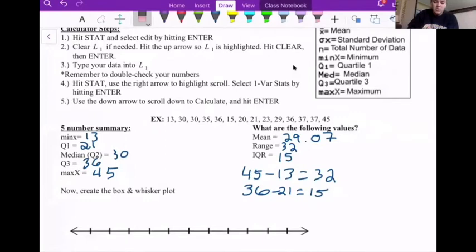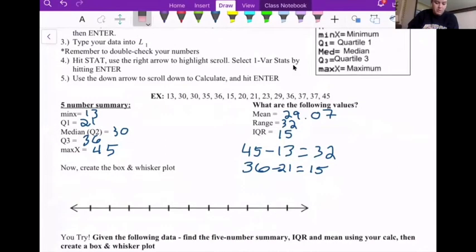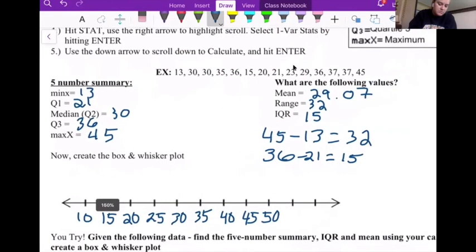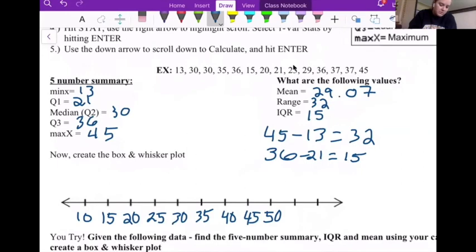Okay, so now for our number line, I'm going to start at 10 and then go up by 5. Okay, so then our minimum value is at 13, so that would be about here.